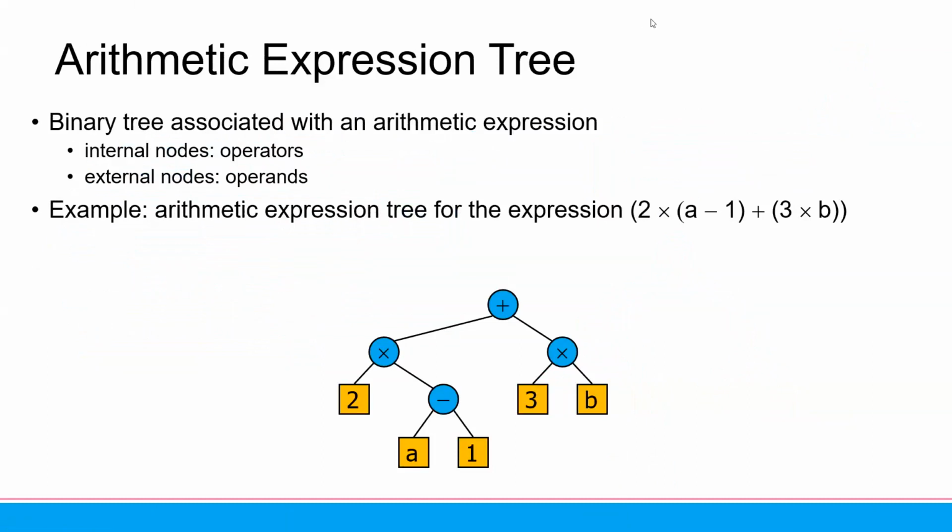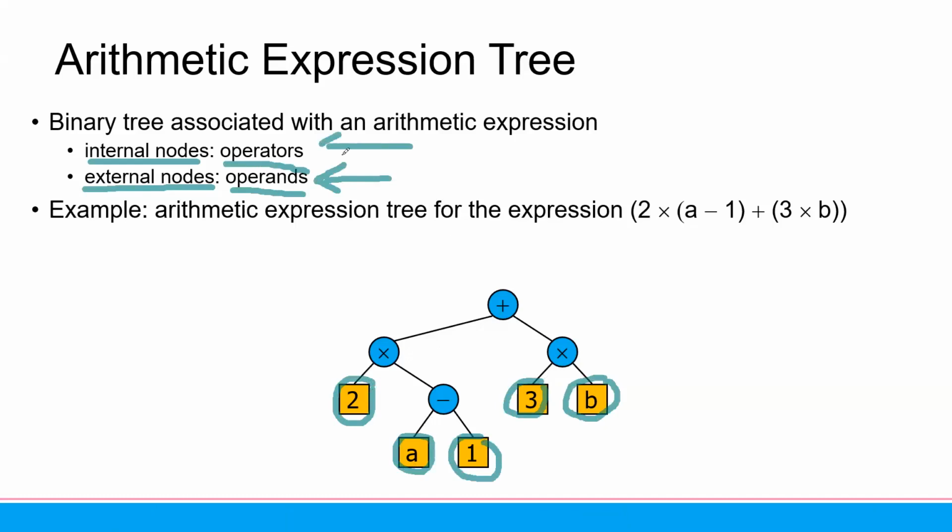The internal nodes are the operators, and the external nodes are the operands. Operands, this one, 2, A, 1, 3, B. So those we call operands. Operators, we call it the multiplication, minus, plus, multiply. So those are the operators.